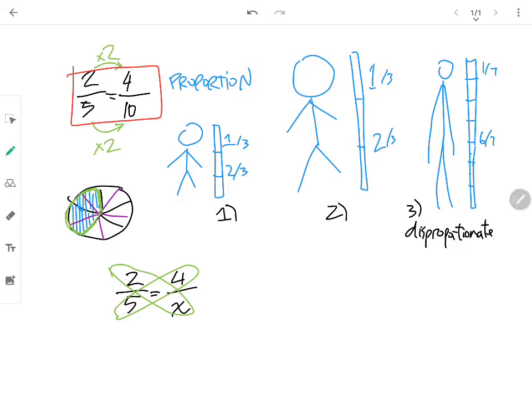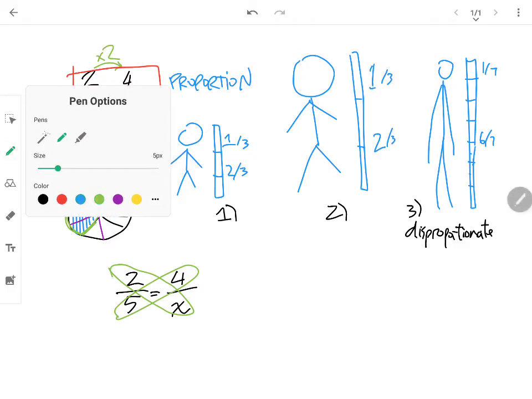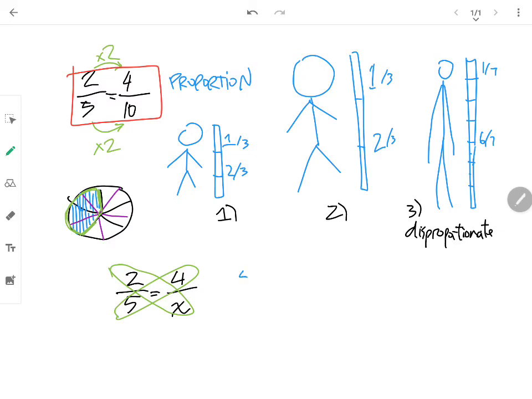The cross products of a proportion are equal, okay? These are multiplications, right? So what we're saying essentially is that the product of 5 times 4 should be equal to the product of 2 times x, all right?